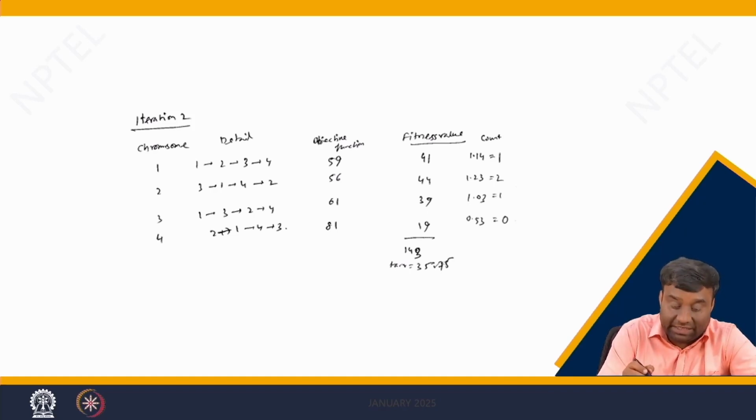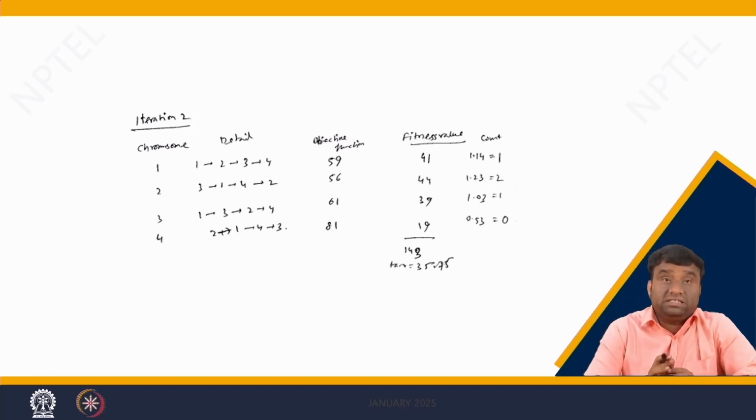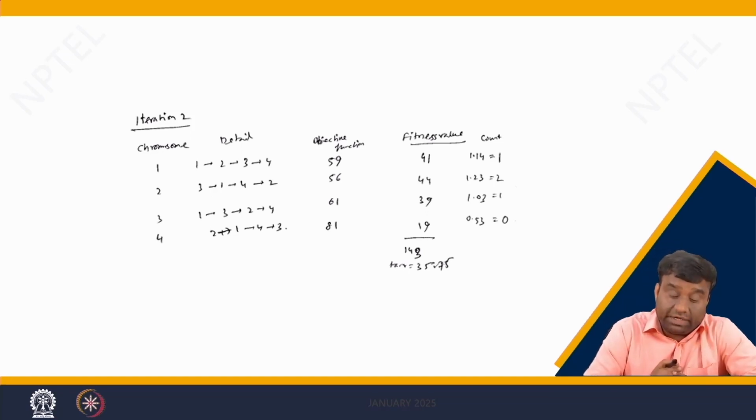Now the next iteration, as the first iteration is completed, is iteration 2. So chromosome 1 2 and then 3 4. The objective function is 59, fitness value is 41, so the average value is 35.75.